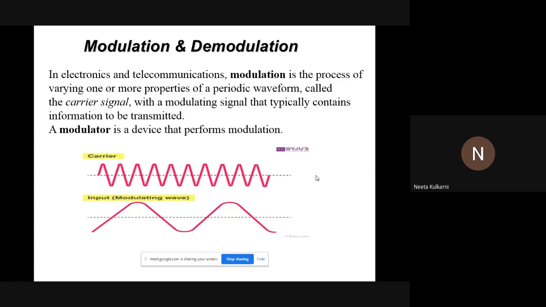Carrier. So we are superimposing the high frequency carrier with the low frequency modulating signal. These are the definitions of modulation, and the device which performs the modulation process is called the modulator. You will come across this term a number of times. What is a modulator? A device which performs the modulation process is called the modulator.